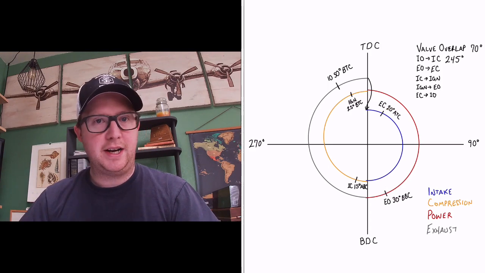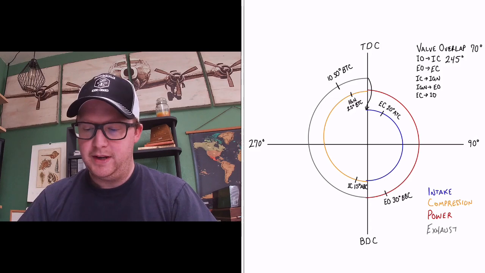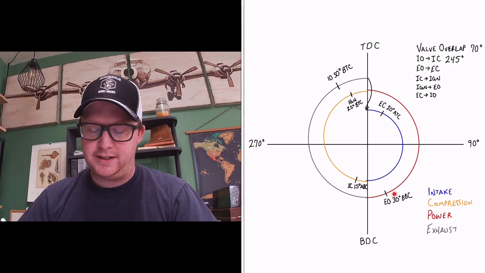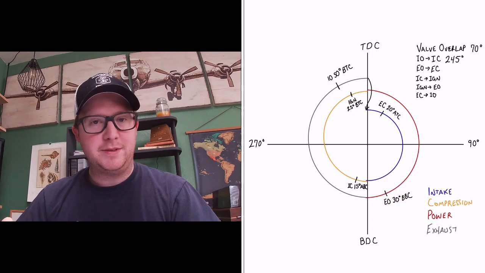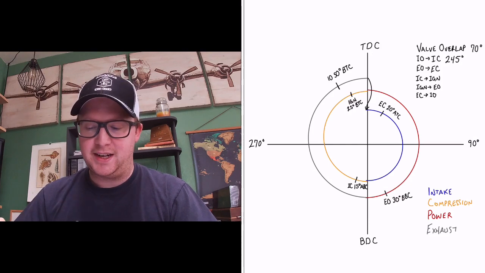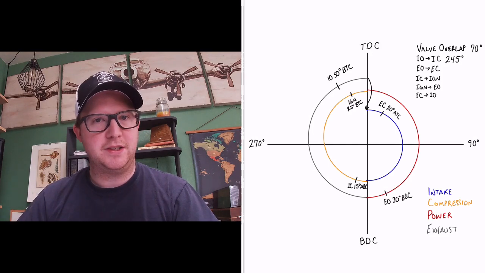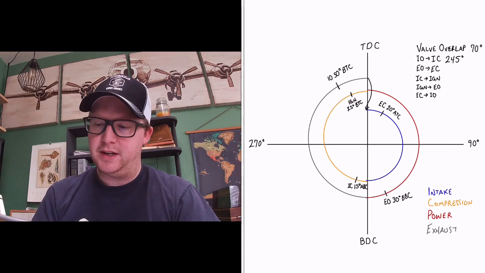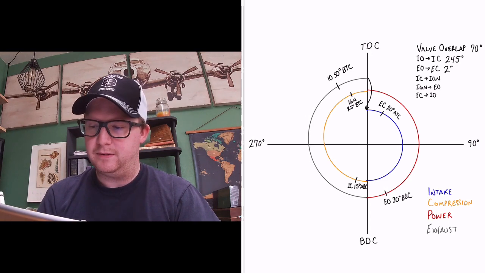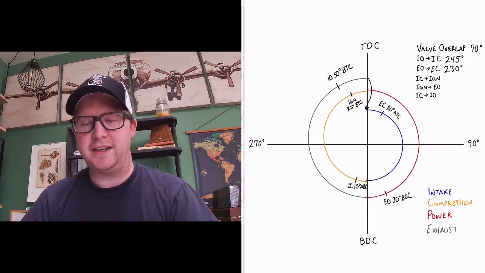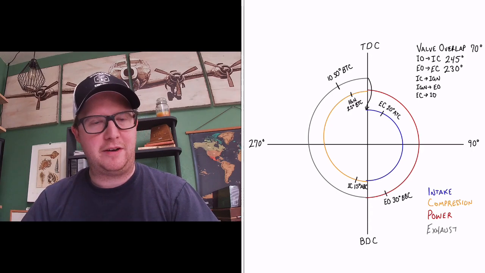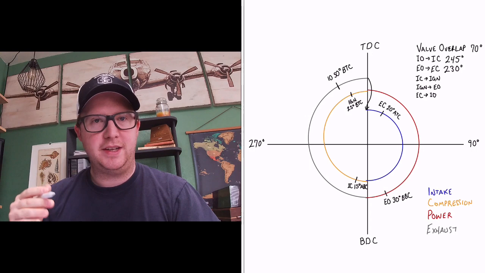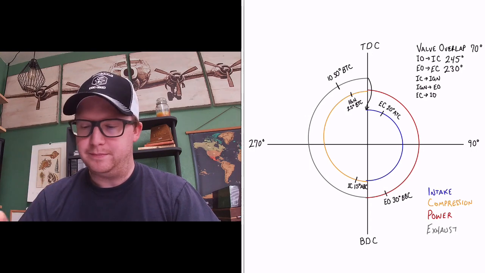So 180 plus 20 is 200. And then we have 30 degrees before bottom center on our power stroke when the exhaust valve opens. So we take that 200 degrees, add 30 to it, and come up with 230 degrees total. Again, that is 230 degrees of crankshaft rotation in which the exhaust valve is open.